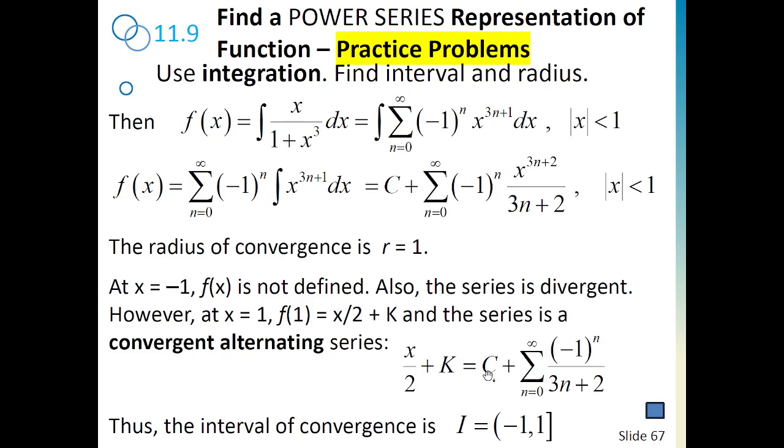So basically I would have something that makes sense on the left side and something that makes sense on the right side. I have convergent series and I have some expression here. So that would mean that at x equal 1 we have some type of equality. So basically our interval of convergence is open minus 1 and closed 1.